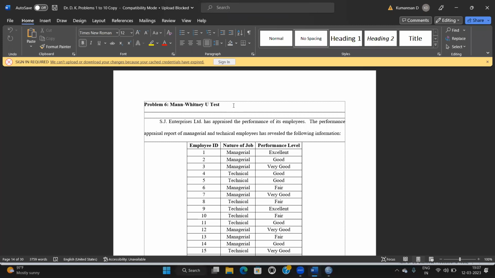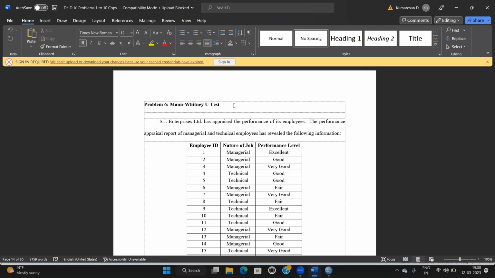In t-test, one sample t-test, independent samples t-test, and paired samples t-test. Take the second one, independent samples t-test. What were the conditions? There should be two samples that are independent. Independent means mutually exclusive.